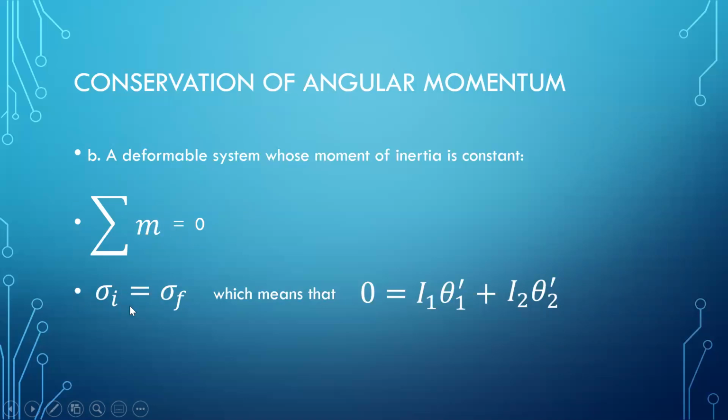But when we equate the sigma initial to the sigma final, which is the initial angular momentum to the final angular momentum, we end up with this formula right here, which means that I1 theta 1 prime is equal to I2 theta 2 prime. But we have to keep in mind that I is constant. So really what's varying is the angular velocity theta prime.